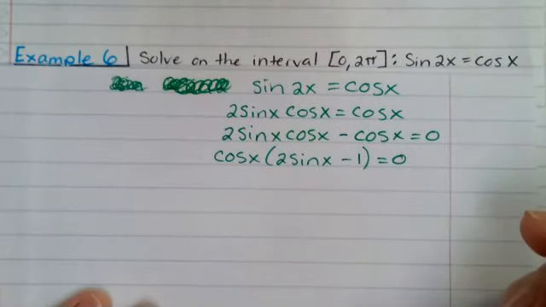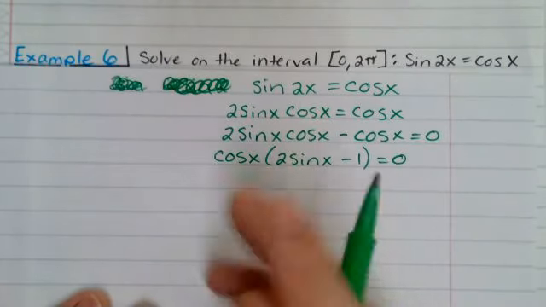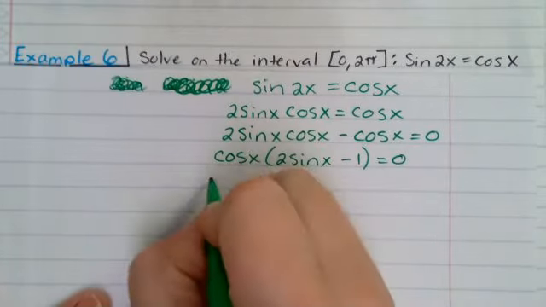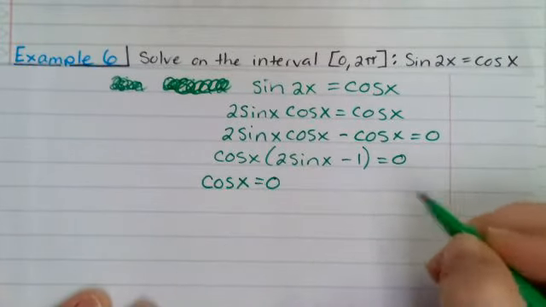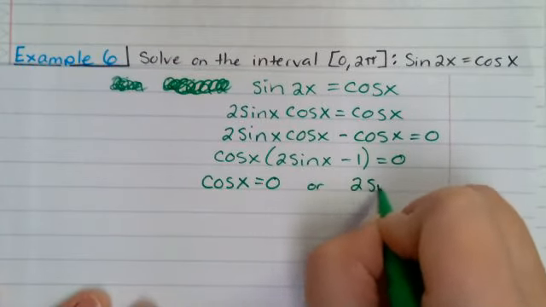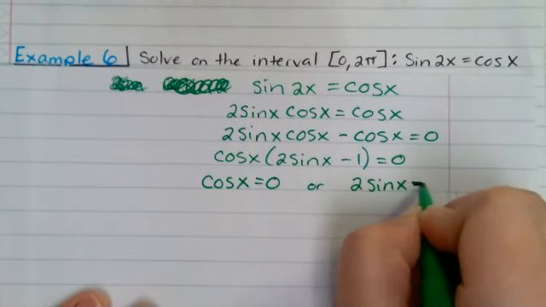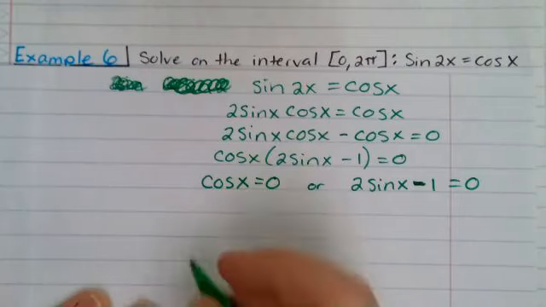And there's not a whole lot more I can do properties-wise here. But I do have something times something that equals 0. One of those somethings has to be 0. So we're going to use that zero product property there and say cosine x equals 0 or 2 sine x minus 1 equals 0 and solve each of those.